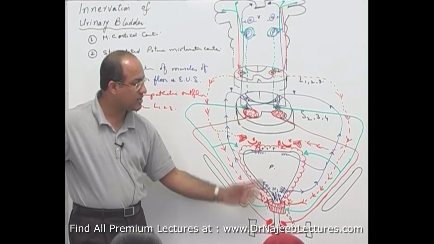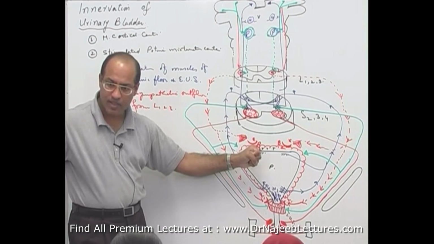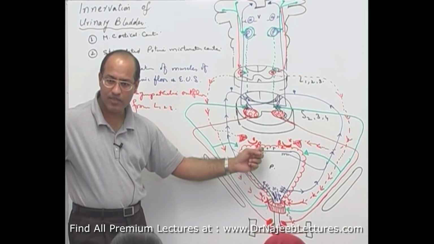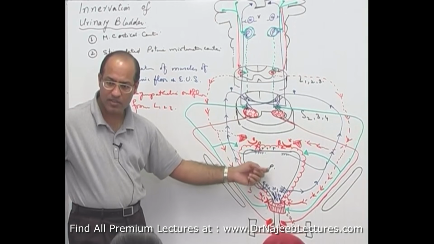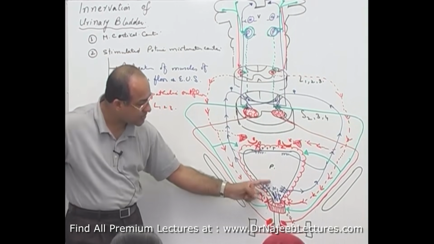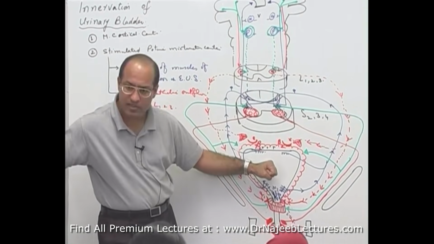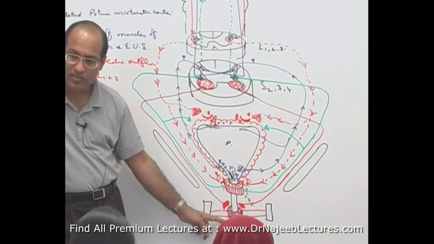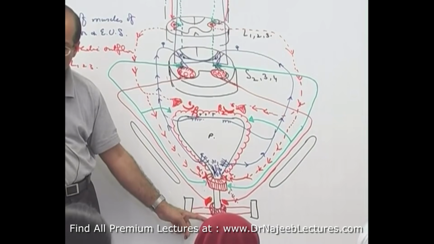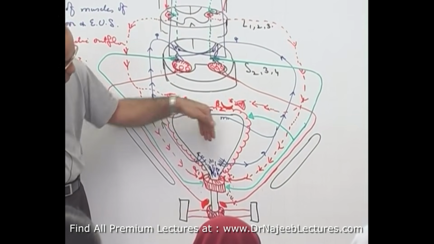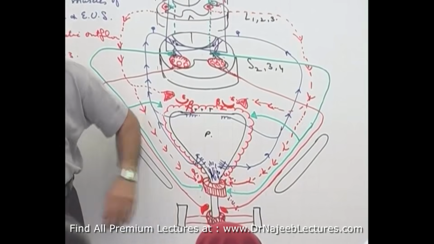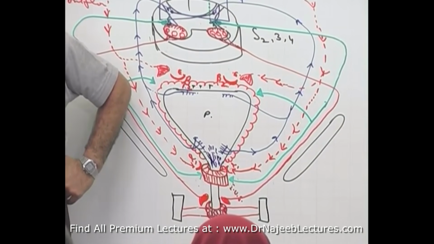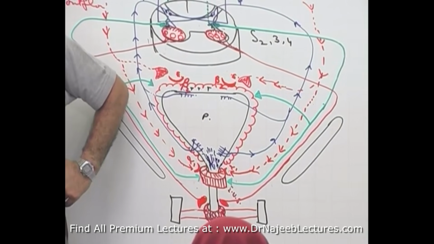So what really happens is that now the detrusor is contracting, intravesicular pressure is going progressively higher, and the external sphincter has already relaxed. So urine will be pushed through the urethra and he will start voiding. Is that right? So micturition will start.